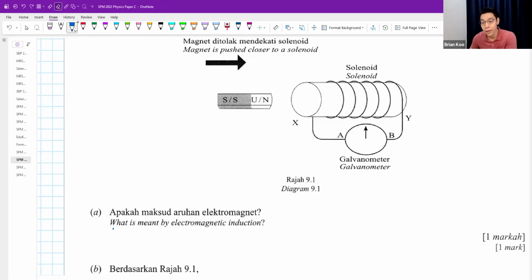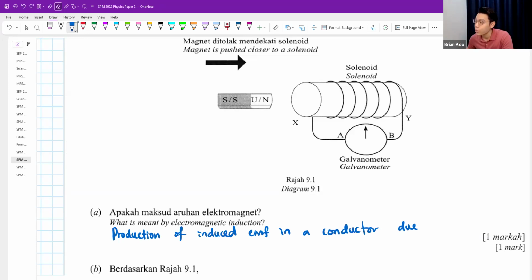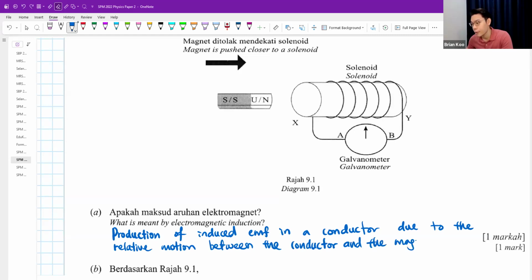Quite long, this one. Production of induced e.m.f. in a conductor due to the relative motion between the conductor, meaning the wire, and the magnetic field.